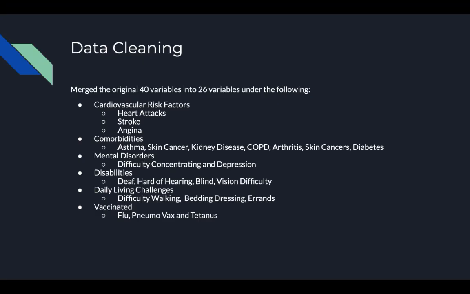For the data cleaning, we merged the original variables into 6 categories. Under cardiovascular risk factors, heart attacks, stroke, and angina were merged into this category. Under comorbidities, asthma, skin cancer, kidney disease, COPD, arthritis, and diabetes were grouped.